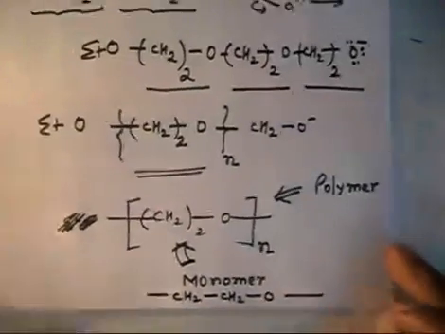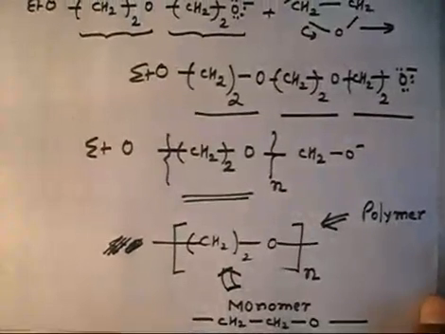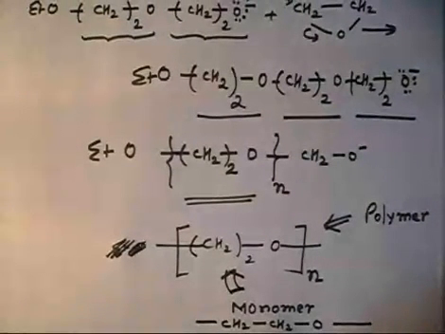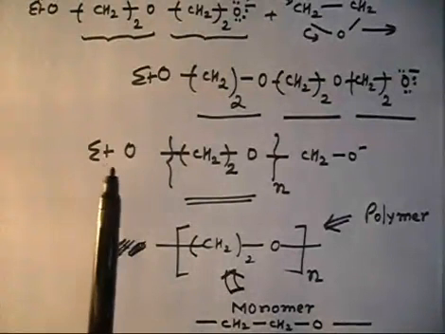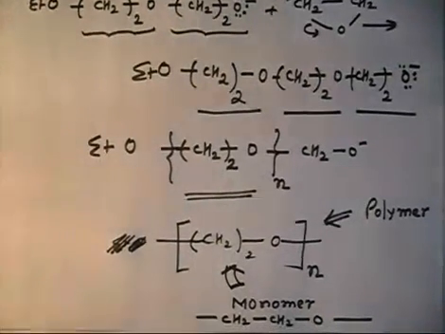Are you getting? If you have not copied, let us copy this one, and then we'll go for the next problem, an easy one. So you see, OEt minus is starting the polymerization. That's why it's a catalyst. Sometimes this kind of polymerization that starts with a negatively charged species, an anion, is called anionic polymerization. So this is an example of anionic polymerization. Okay, we'll discuss next. So you copy this one.